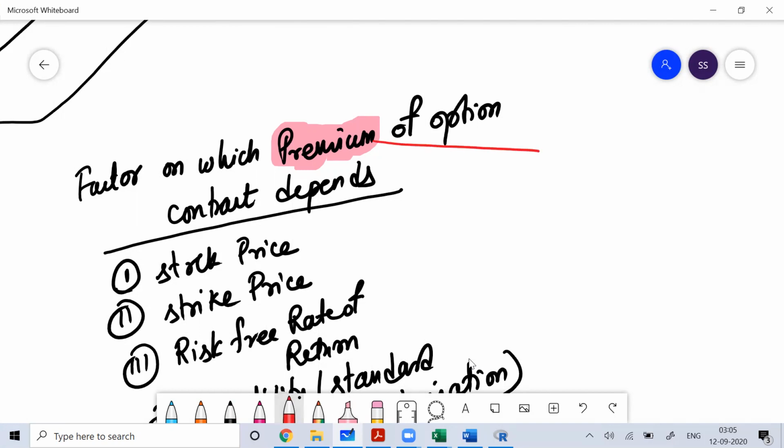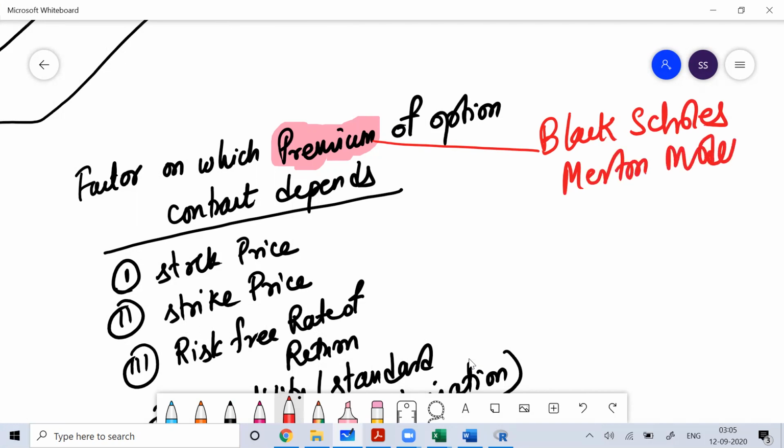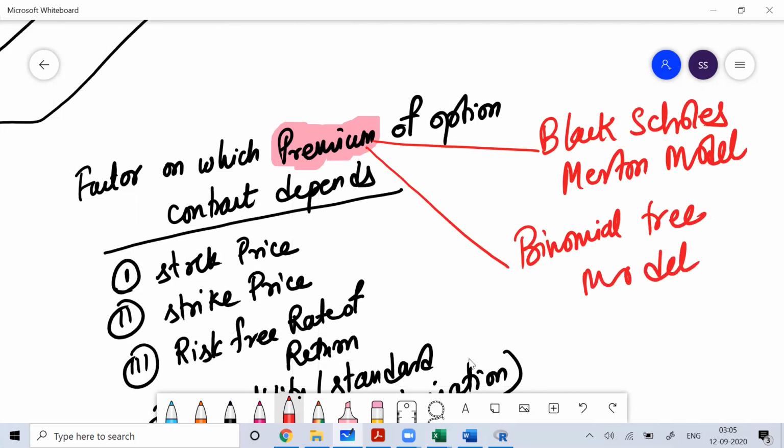Basically we have two models. One is called the Black Scholes Merton model, through which we calculate the premium of the option contract. There is another model called the binomial tree model, from which we also calculate the premium of the option contract.